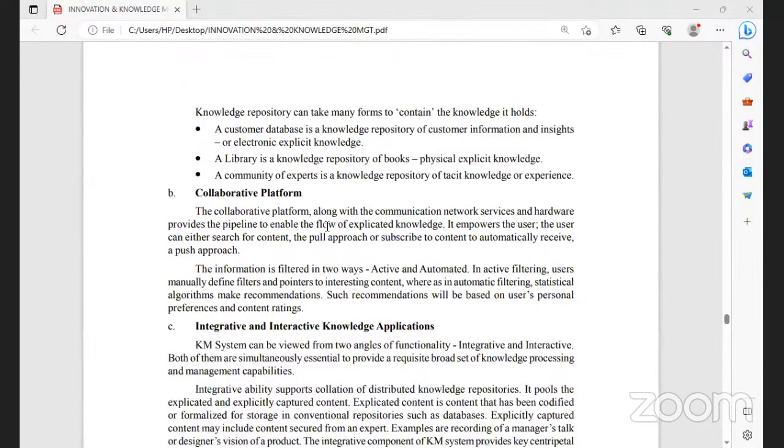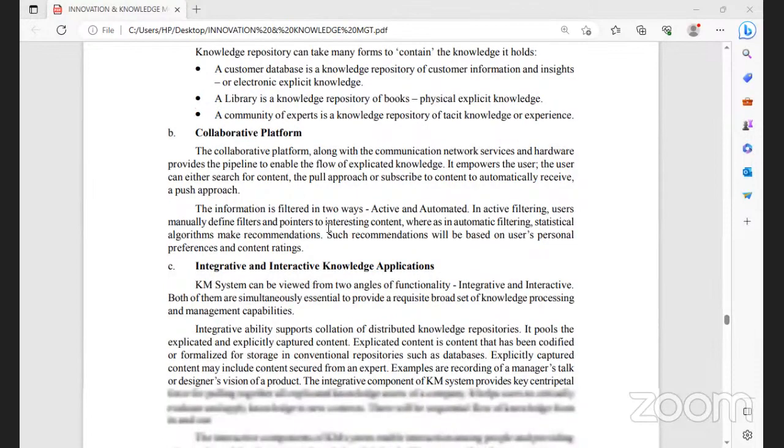And the second one is a collaborative platform. What does this collaborative platform refer to? It refers to the communication network services and hardware that provide the pipeline to enable the flow of expected knowledge. It empowers the user. The user can either search for content, the pull approach, or subscribe to content to automatically receive it, a push approach.